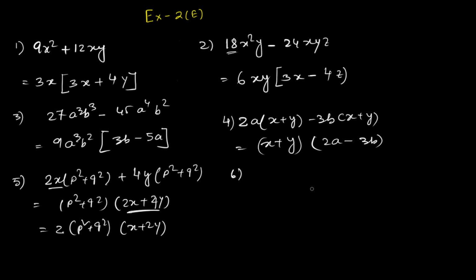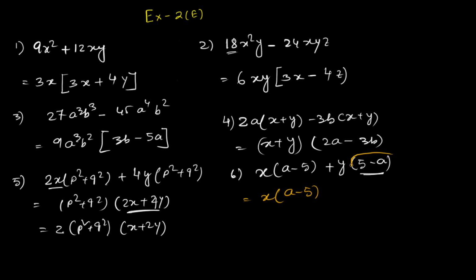The sixth one, x into a minus 5 plus y into 5 minus a. Literally, we can see there is nothing common, right? But that 5 minus a, if I take minus common from this term, I can make a term common. So we're going to write a minus 5.